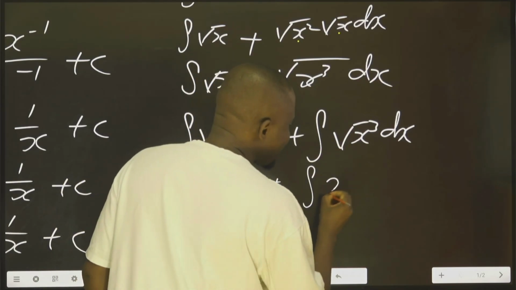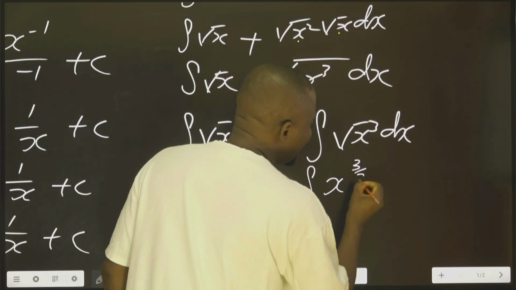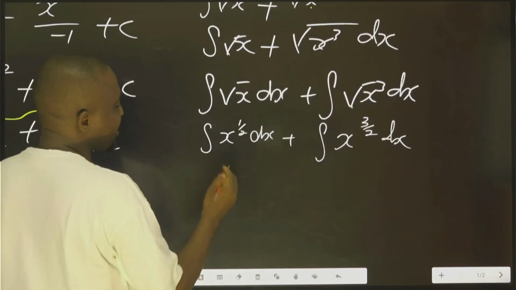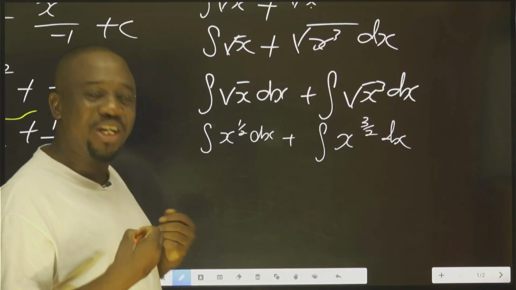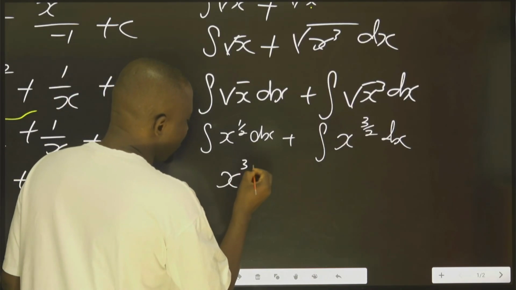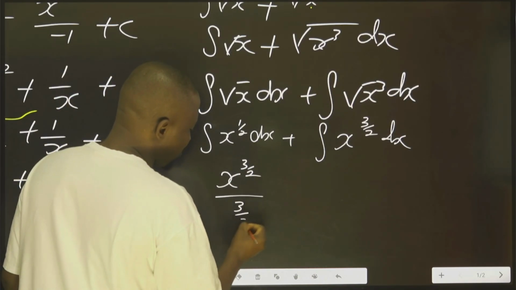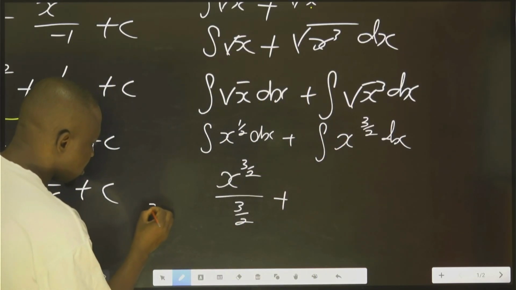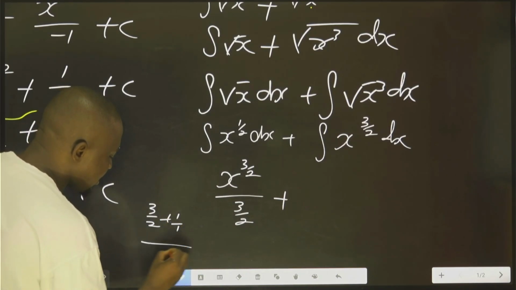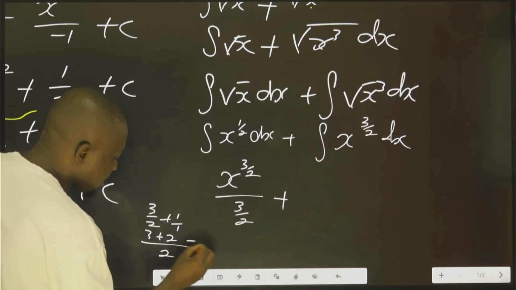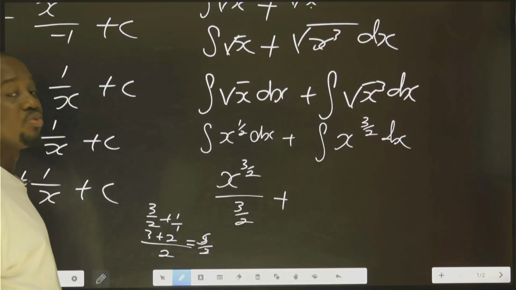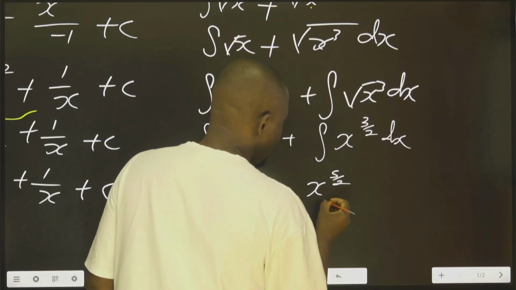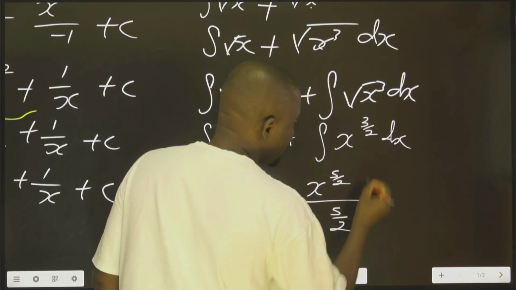This simply means x raised to power 3 over 2. The square root is over 2, the 3 is still here. Then we work on this now. We had 1 to 1 over 2 to have what? 3 over 2. That is x to the 3 over 2, over 3 over 2. Plus, we had 1 to this 2, that is 3 over 2 plus 1 over 2. That is 5 over 2. Okay? Here, this is x to the 5 over 2, over 5 over 2, plus c.